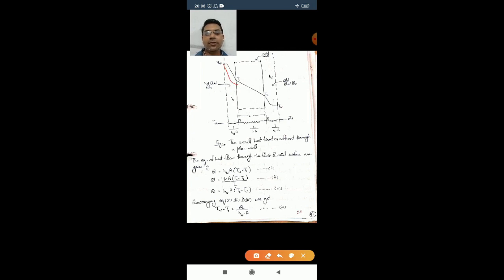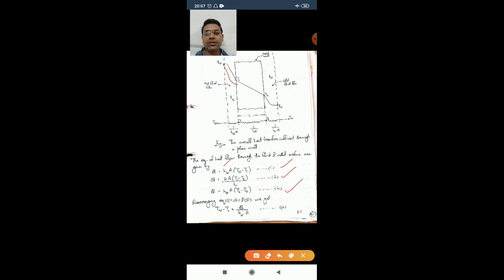For that, using the convective heat transfer equation, Q equals hA (THF minus T1), where T1 is the temperature of the metal surface. Here h used is the heat transfer coefficient from the hotter fluid to the metal wall. The second one is the Fourier equation, kA (T1 minus T2) over L or x. Again the third is the heat transfer from the metal surface to the colder fluid.